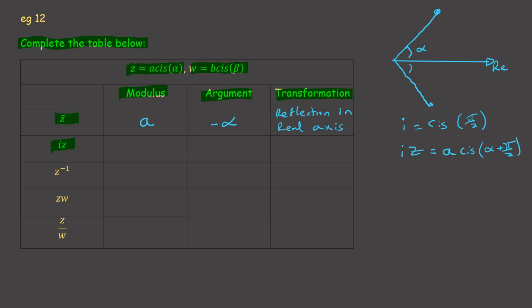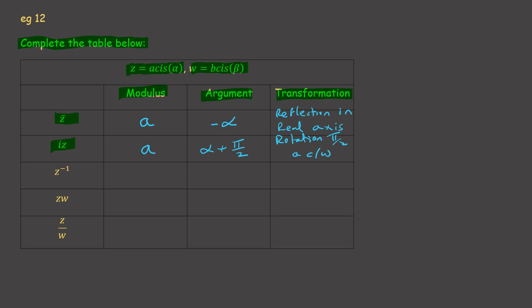So if this was the alpha, it's going to rotate around like so. So the modulus will be A. The argument will be alpha plus pi by 2. And it's going to be a rotation of pi by 2 radians anti-clockwise.